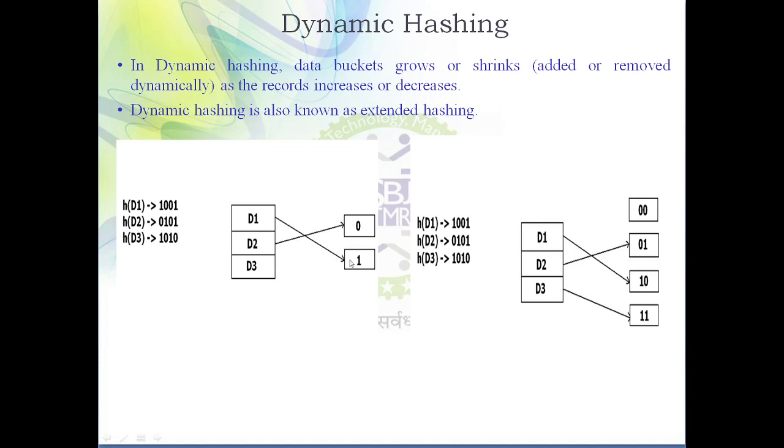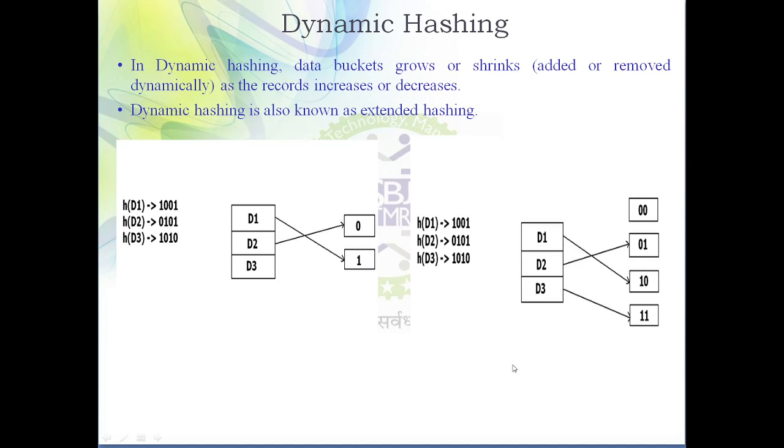So in that case what I will do, I am going to change its structure. The address is again the same, but instead of considering only a single bit, I consider the first two bits. So here you can see 00, 01, 10 and 11. These are four different combinations I will consider. D1 is stored at 10, D2 is stored at 01 and D3 is stored at 11.